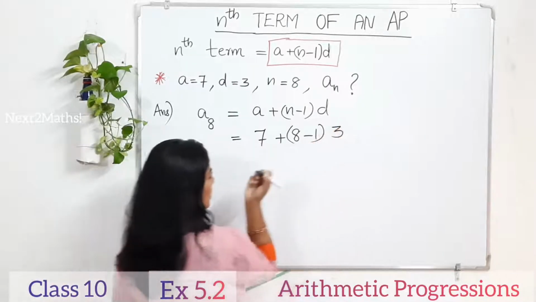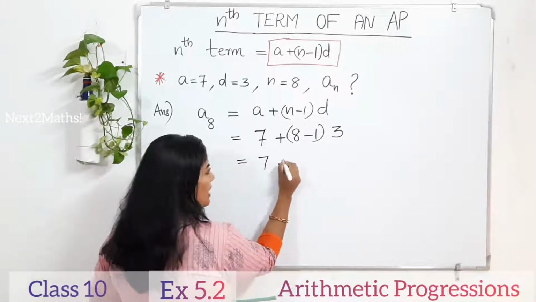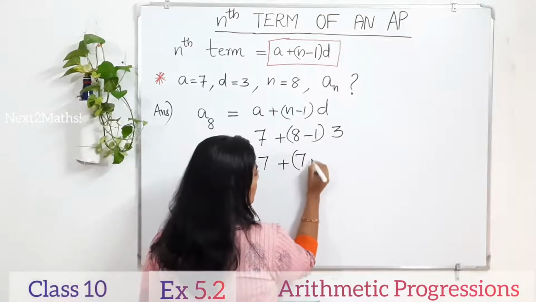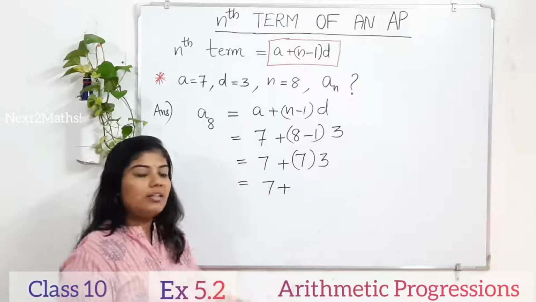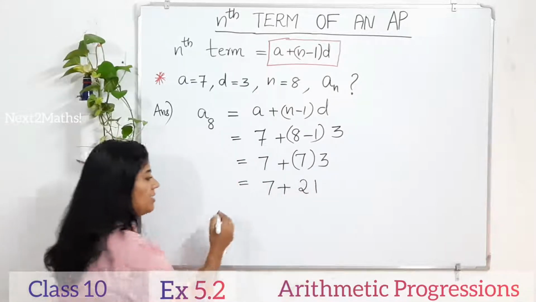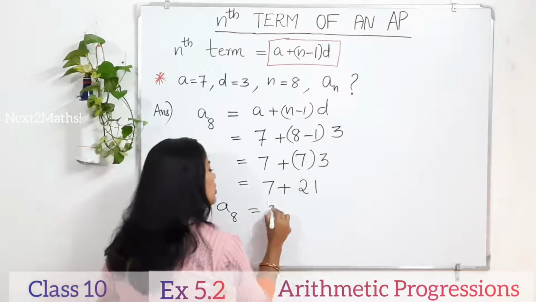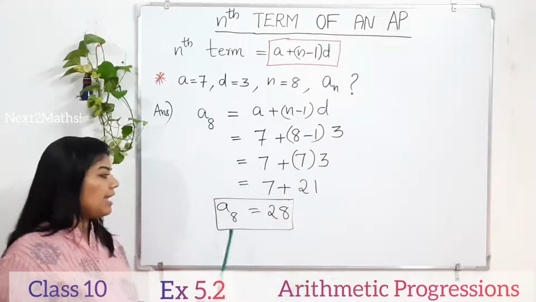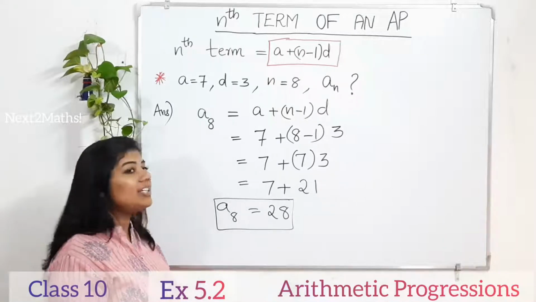So just find out the answer. 7 plus, 8 minus 1 is 7, 7 threes are 21. Correct. So what is the 8th term? Add both, you will find the answer: a 8 is 28. Clear? Okay, let's move on to the next problem.